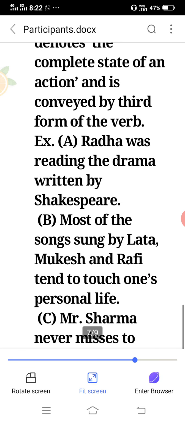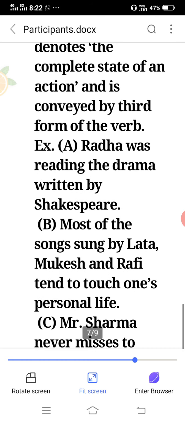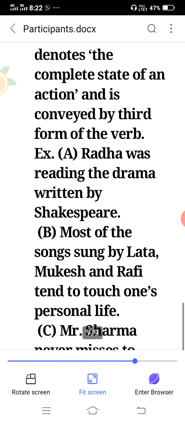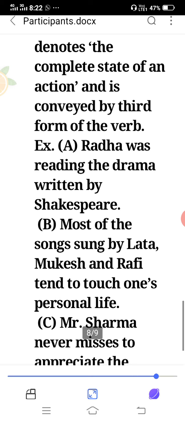Like, see the example. Radha was reading the drama written by Shakespeare. At the time, while Radha was reading the drama, what had already been done? Completed the work of writing the drama, written by. Okay.